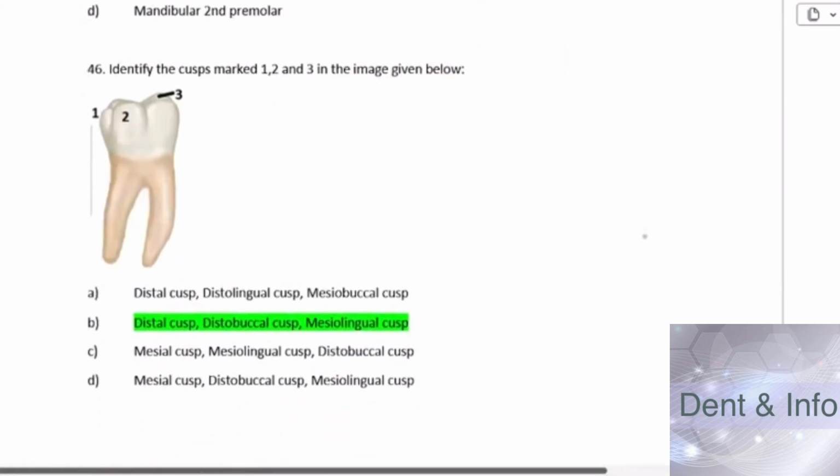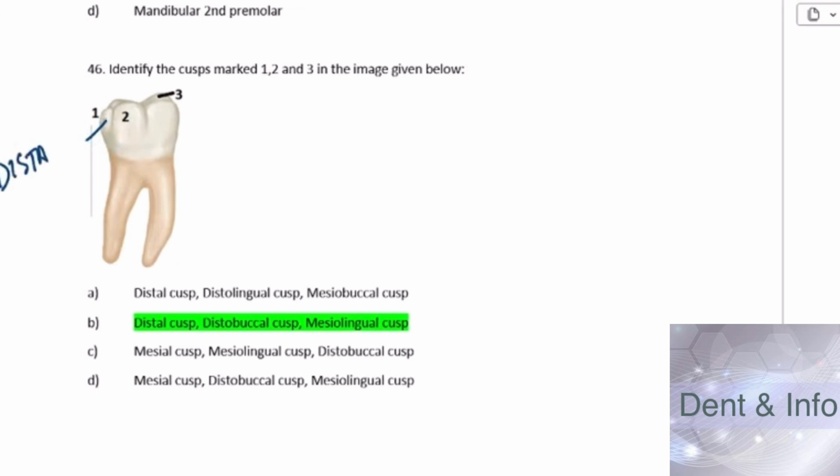Next, identify the cusp marked as 1, 2 and 3. First identify the tooth, that's mandibular first molar. Now you could easily see the smallest cusp of all, that is the distal cusp. So this is the distal side, this is the mesial side. Here we have number 2 distobuccal cusp, and this is mesiobuccal, but mesiobuccal they have not asked.